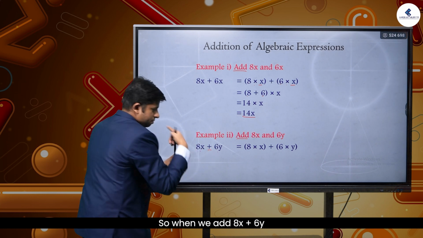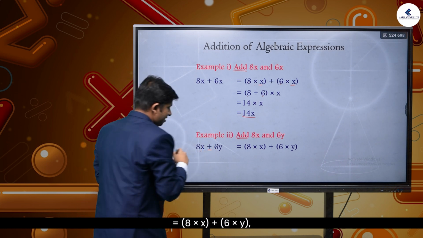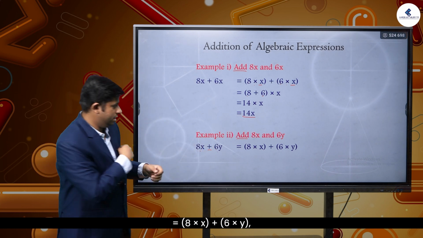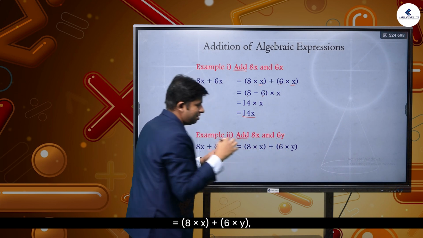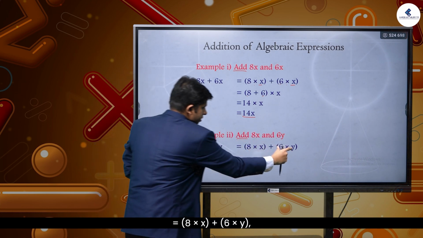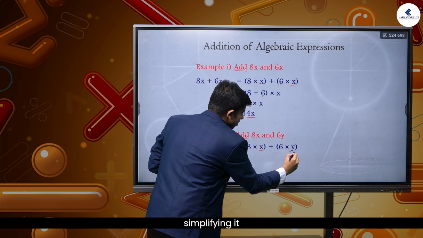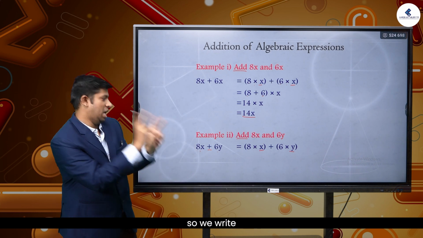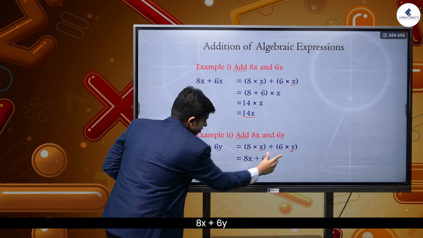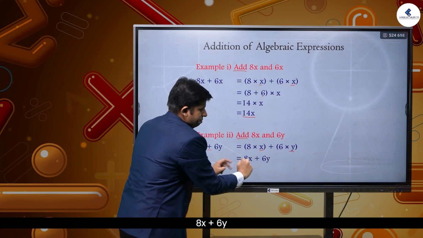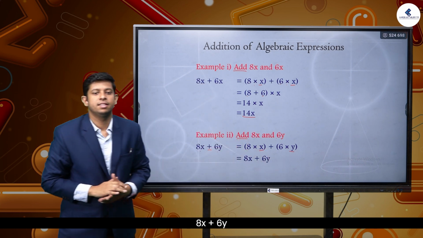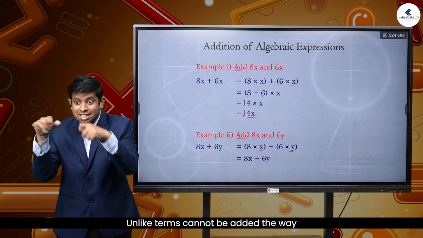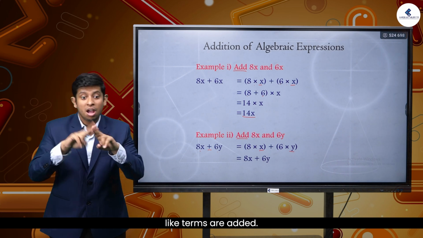So when we add 8x plus 6y, which equals 8 into x plus 6 into y, simplifying it, here we don't have a common term, so we write 8x plus 6y. Unlike terms cannot be added the way like terms are added.